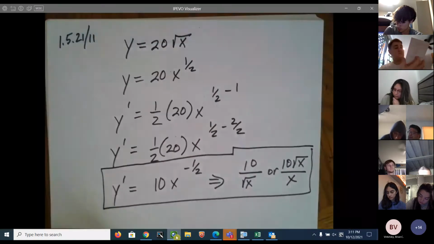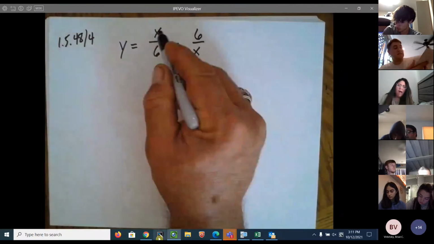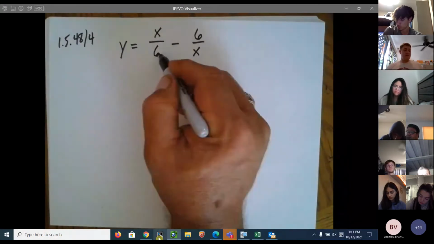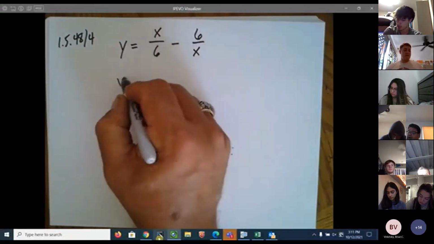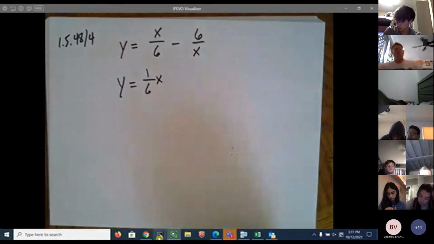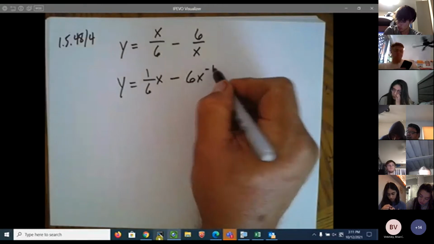So I'm going to rewrite this. Let's see, that's x to the first. You could rewrite this as 1/6 x. Y is equal to 1/6 x minus 6x to the negative 1.